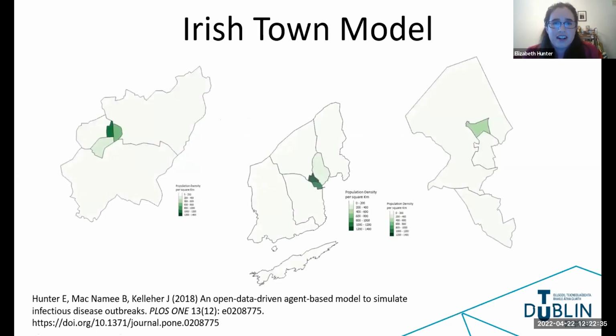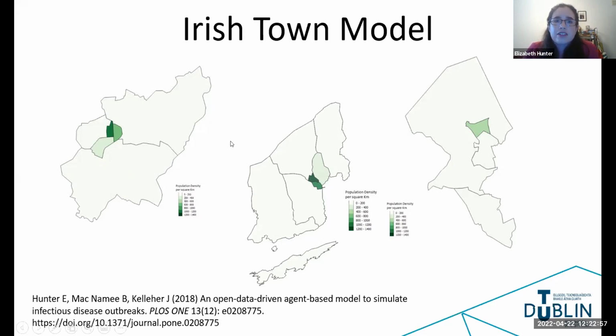These are maps of the 3 towns. The black outlines are the small areas of the town, shaded by population density: the lighter the green, the less dense the population, and the darker the green, the more dense. Strokestown is on the left, Skull in the middle, and Shannon-Golden on the right.